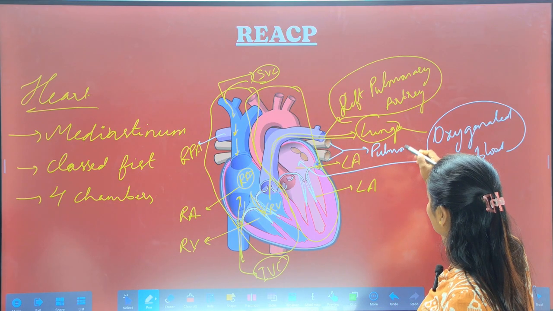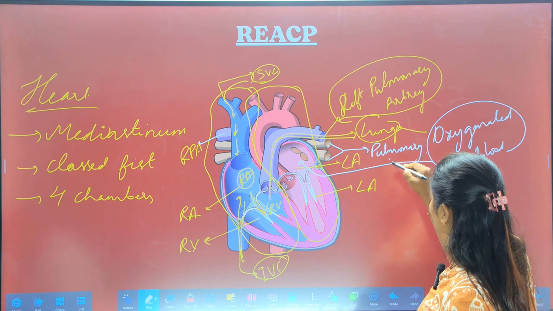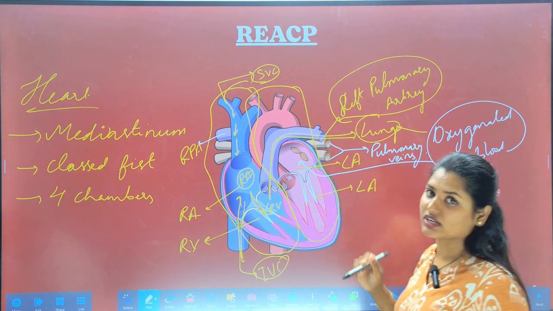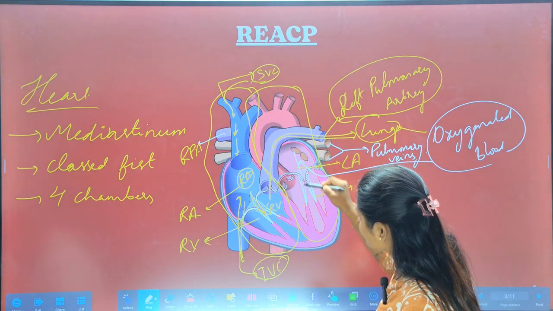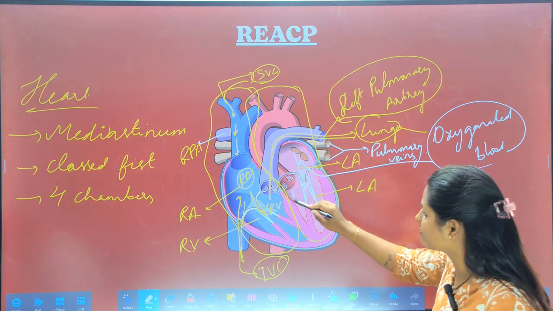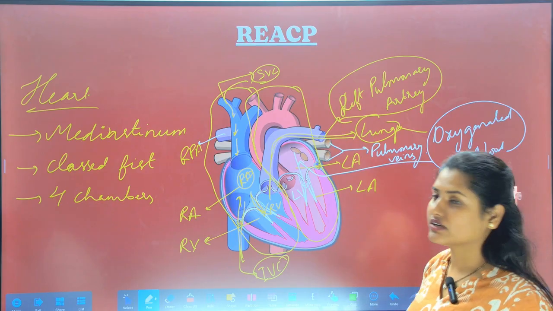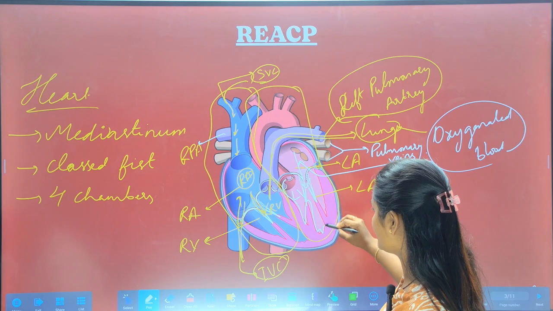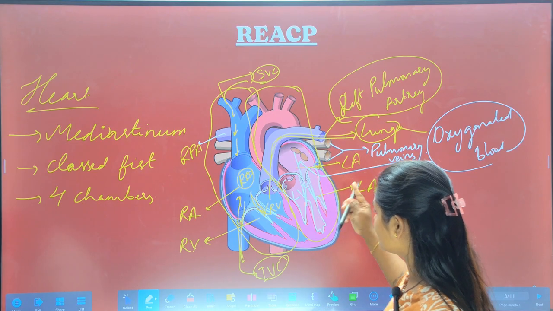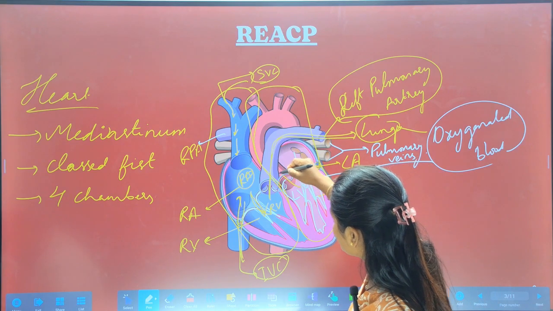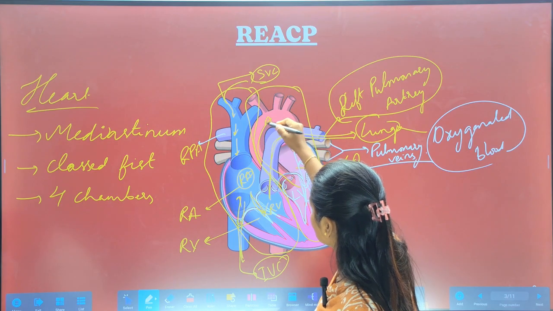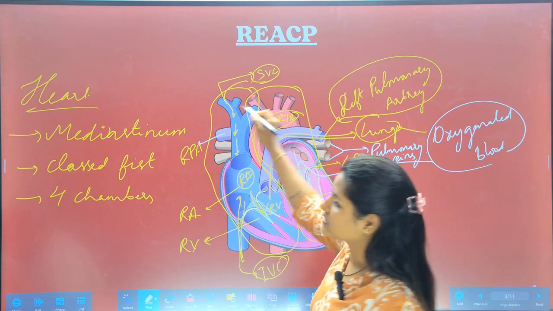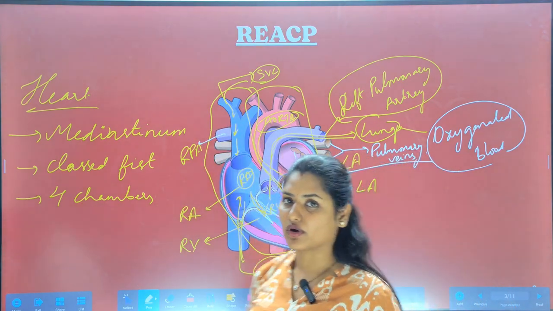So these are the left pulmonary veins. It carries oxygenated blood from the lungs to the left atrium, and from the left atrium it pumps blood to the left ventricle. What does the left ventricle do? It has the thickest wall compared to the right ventricle, and it passes blood to the aorta. So this is the aorta. Now the aorta pumps blood to every part of the body.